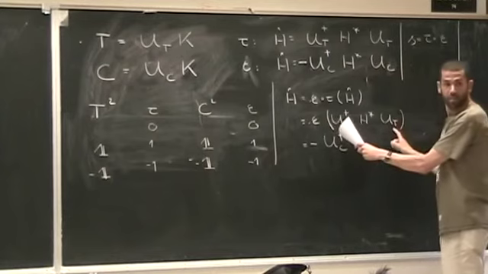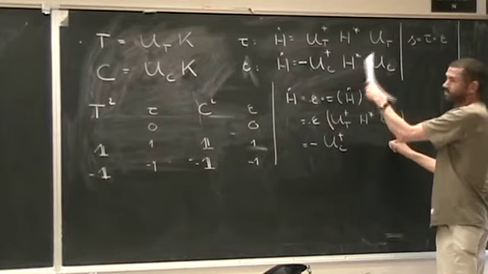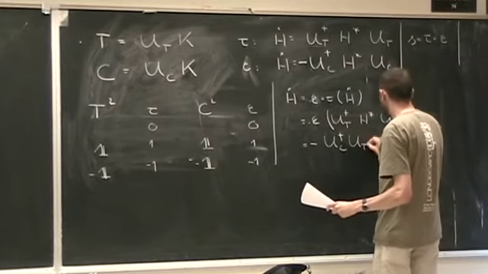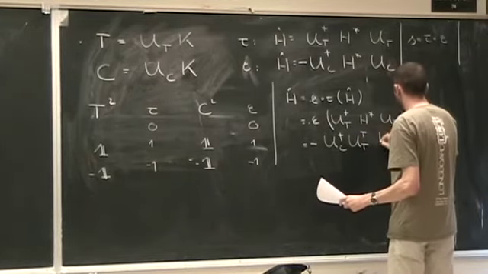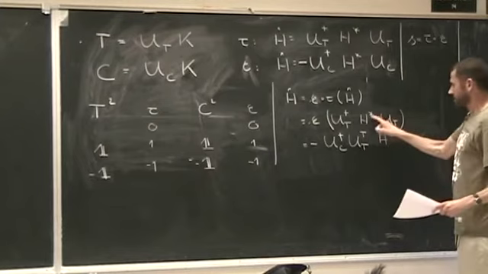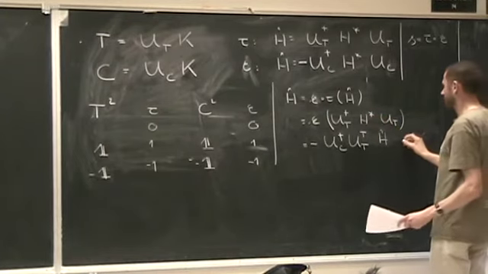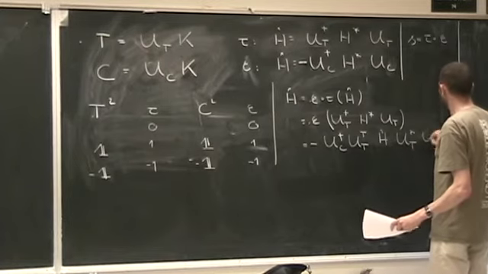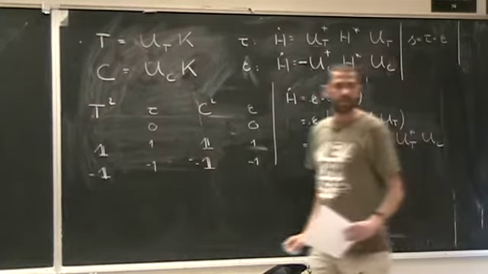Now we have to take the transpose of this here, or the complex conjugate, same thing. So U_T transpose H, the same H star complex conjugate, U_T complex conjugate U_C. Okay.